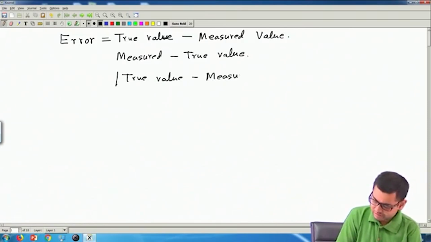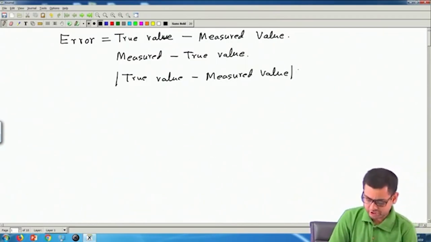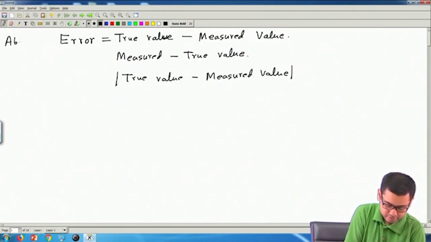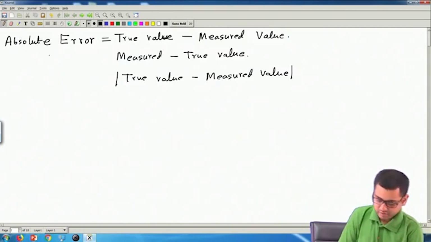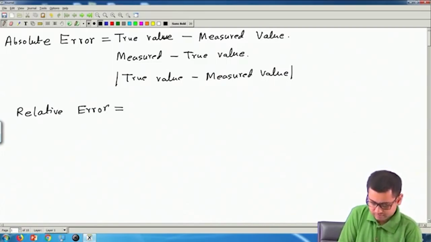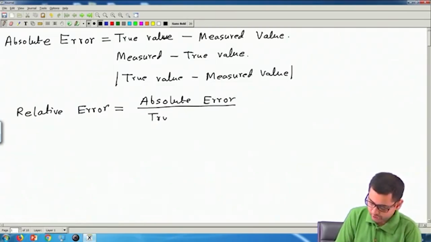All these definitions are used depending on the situation. This error we will call the absolute error. We can also define what is called the relative error. Relative error is the absolute error divided by the true value.